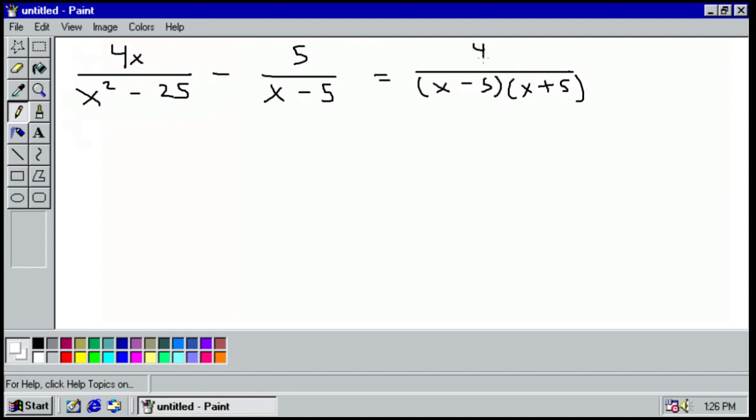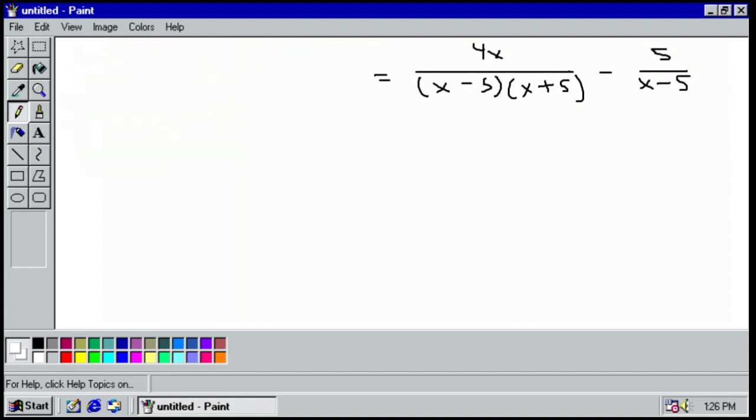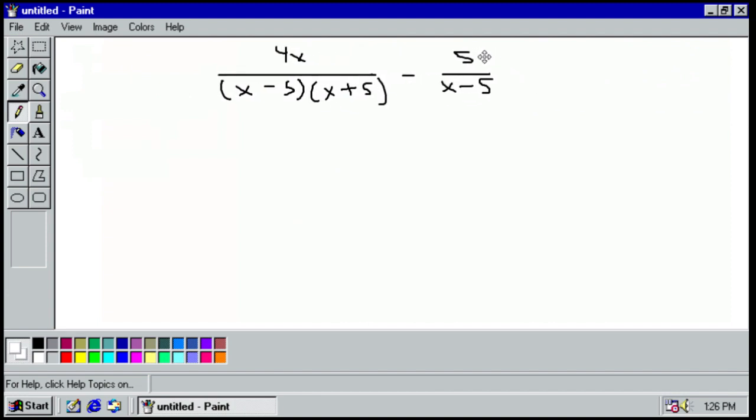Now we can just copy x and copy the second fraction. I'm going to delete that since we need some space. Okay, so here we need to make them like fractions.